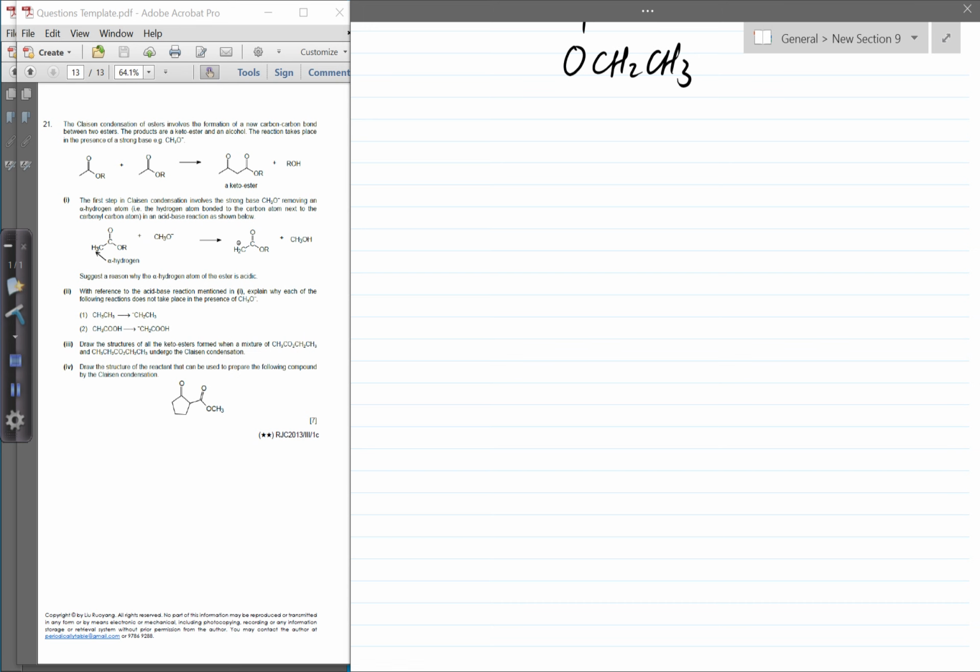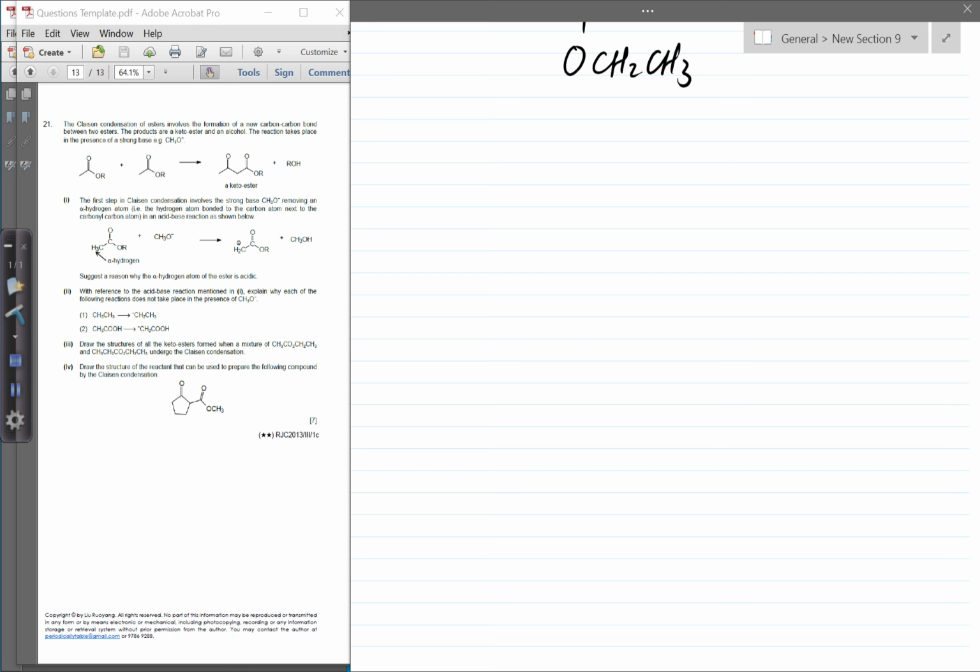Because whenever we talk about acidity, we always look at the stability of the conjugate base, right? So in this case, the conjugate base, which is your ethyl minus, is not stable, right? That's why it can never act as an acid.